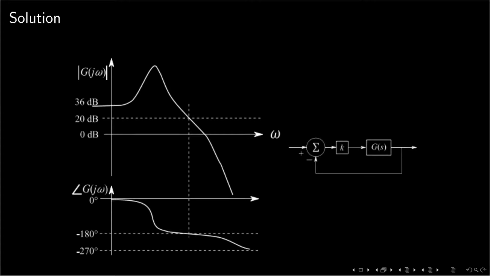We can see that the angle of G(j omega) is equal to minus 180 degrees, corresponding to the magnitude of 20 dB.